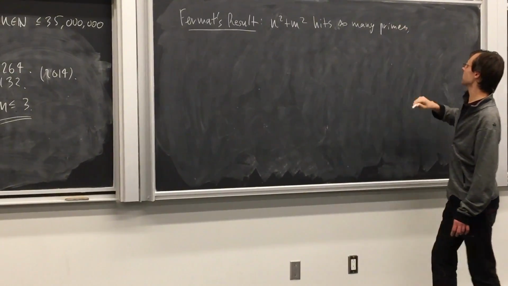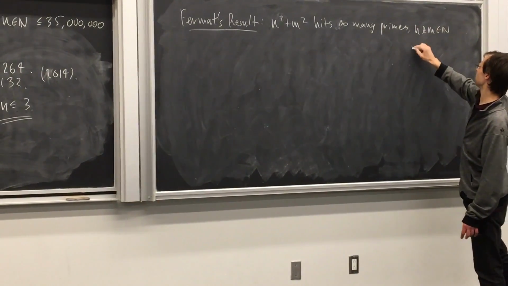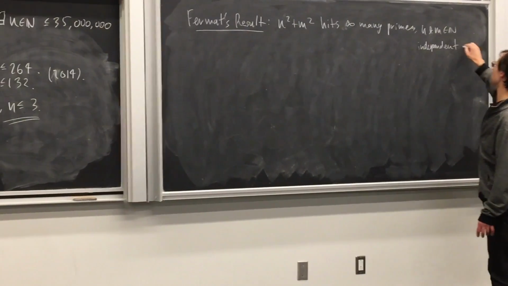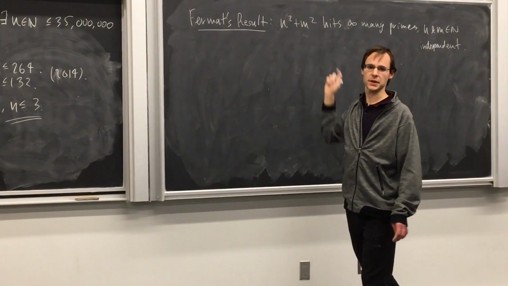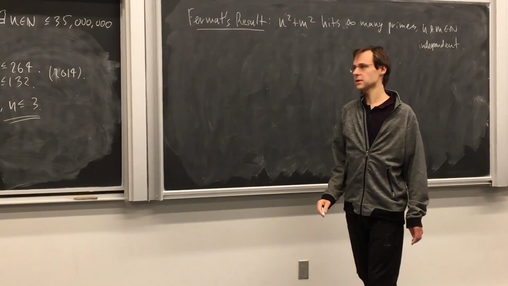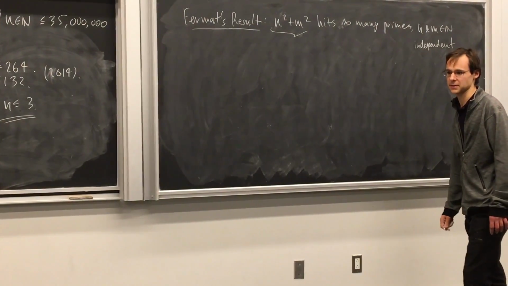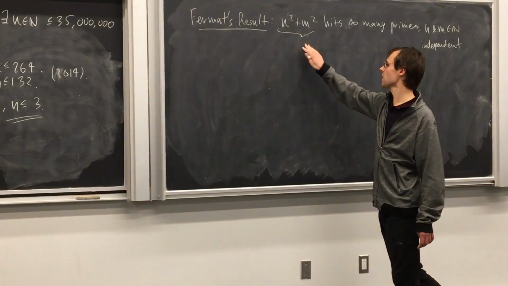The key here is that n and m are both natural numbers, but they're independent. Actually, a lot of numbers can be written like this, as the sum of 2 squares, just because you have the 2 variables to choose from. So the result that he proved is actually slightly stronger than this. He actually said which primes can be written in this form, and which primes cannot.